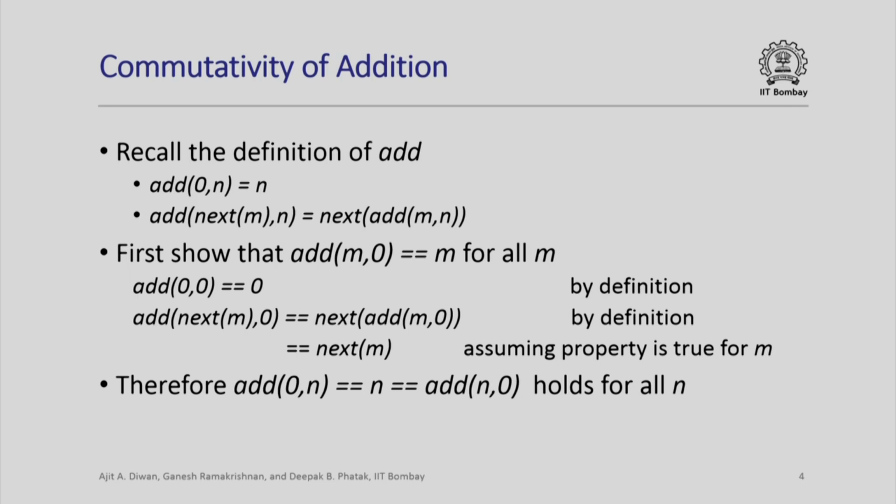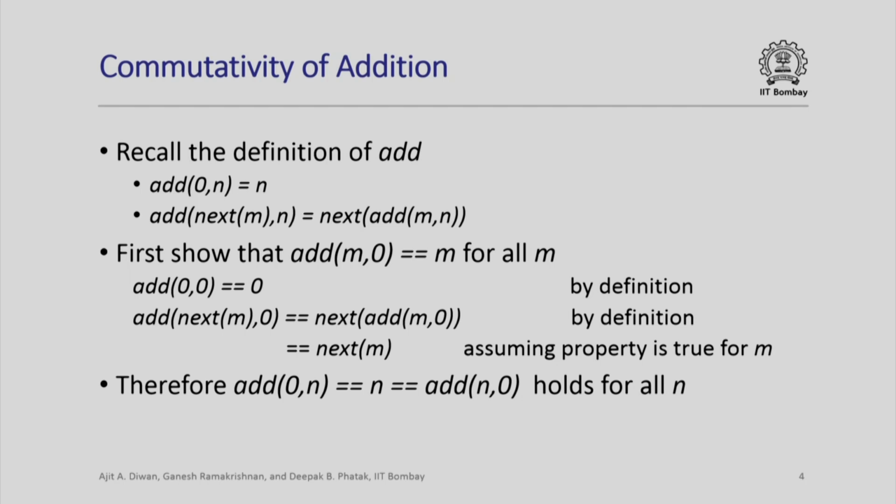And add of next m comma 0 is, by the second definition, next of add of m comma 0, and by assuming the property holds for m, that is add of m comma 0 is equal to m, this is equal to next of m. So, add of next m comma 0 becomes equal to next of m, assuming the property is true for m. Therefore, add 0 n becomes equal to n, which is equal to add of n comma 0 for all n.